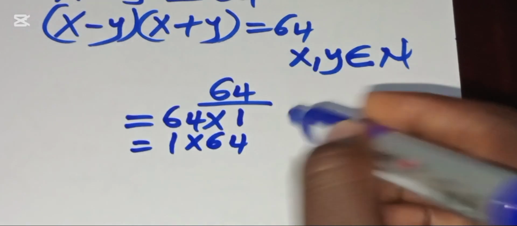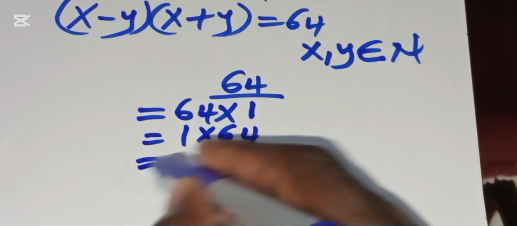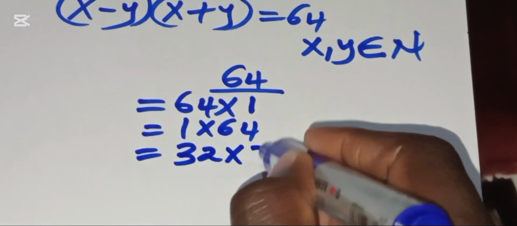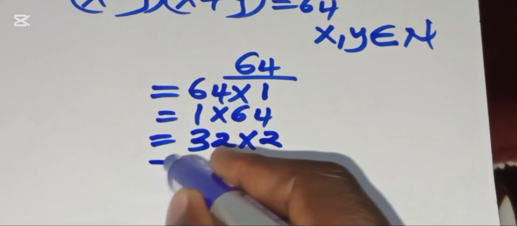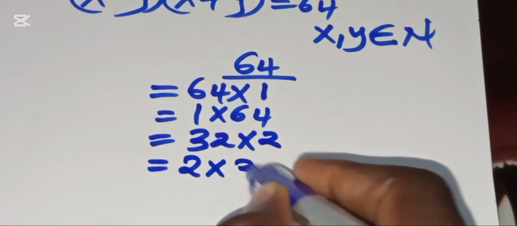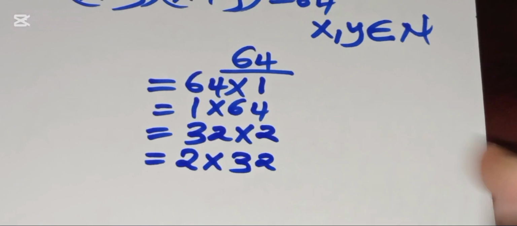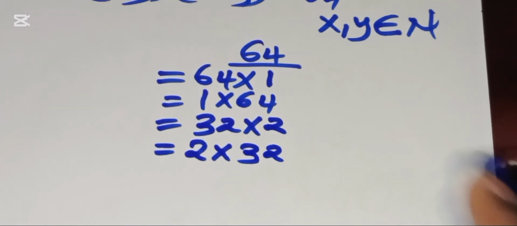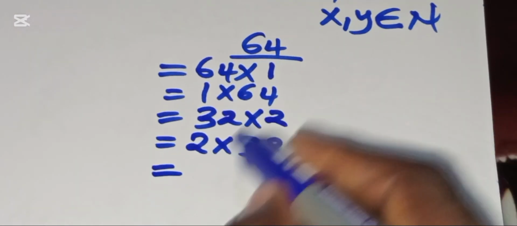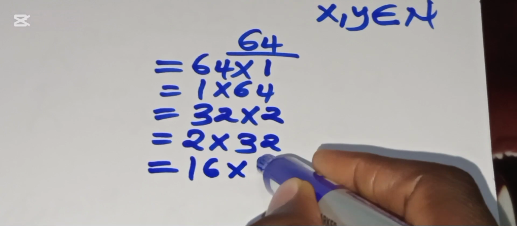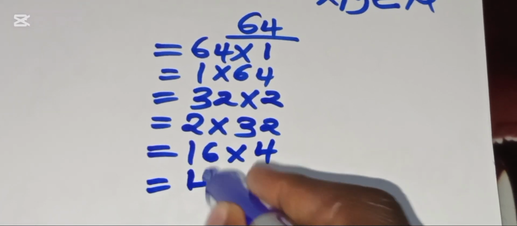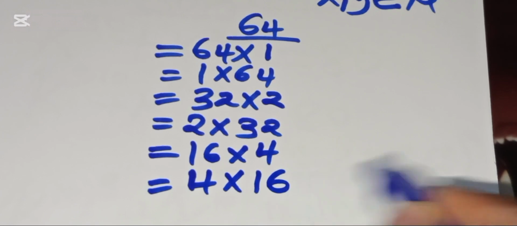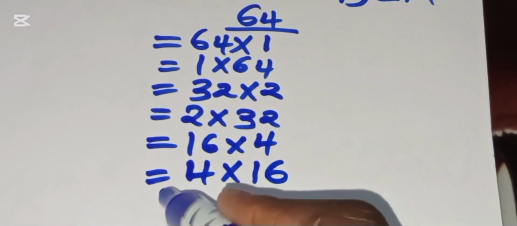We can also say 2 times 32, which gives you 64. And also 16 times 4, which is 64. We can also have 4 times 16.